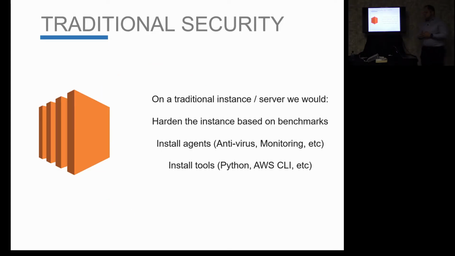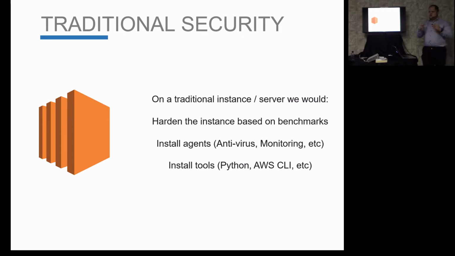So in the traditional world on an EC2 instance, we would harden the instance by configuring the operating system to behave in a specific way. We would also turn off specific features of that operating system.